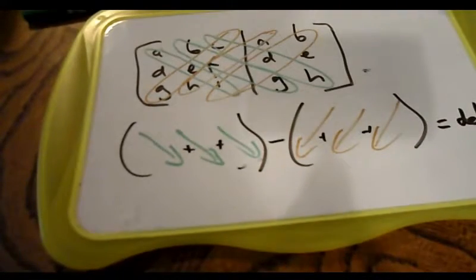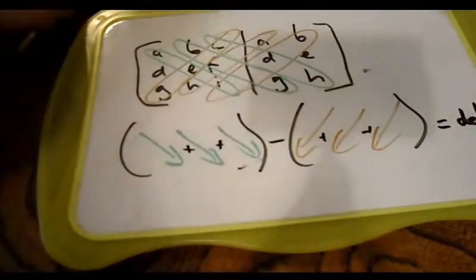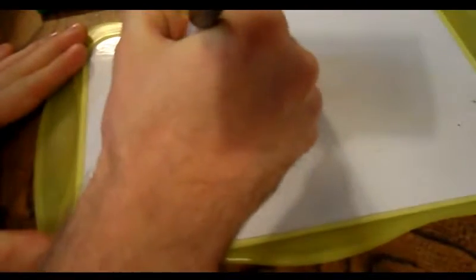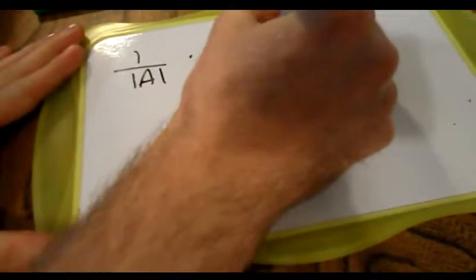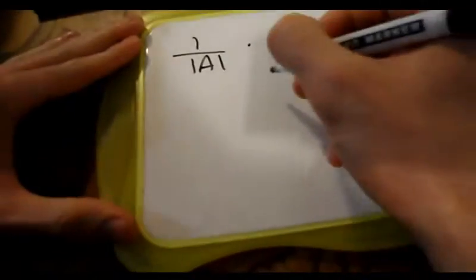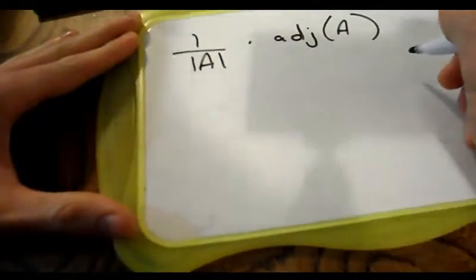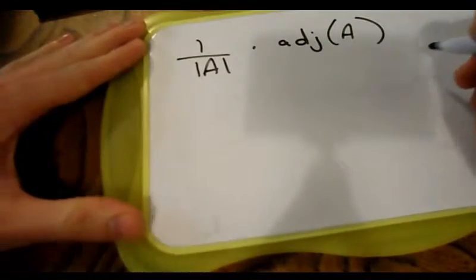Okay, so we've got our determinant and we haven't got our adjugate. Instead we've got 1 over A, but we haven't got our adjugate. So remember the formula for finding the inverse, 1 over A times adjugate A. So the adjugate A is just the transpose of the cofactor.